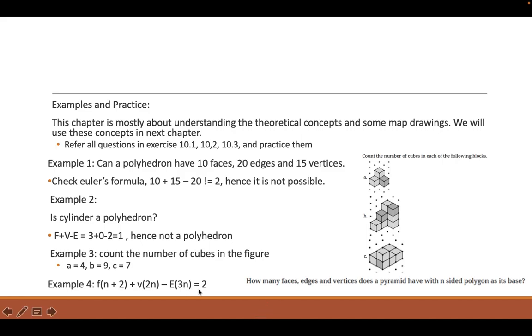So the answer is n plus 2, 2n, and 3n. If n is the number of edges of the polygon of a pyramid, this is the number of faces, number of vertices, and number of edges, and I am also demonstrating that it follows Euler's formula.